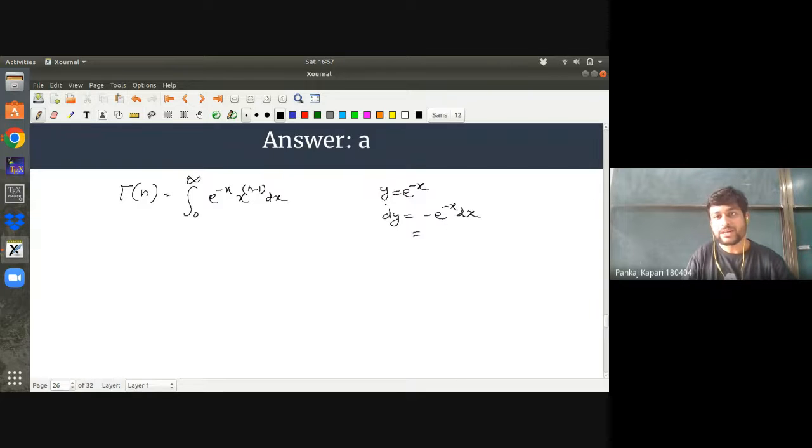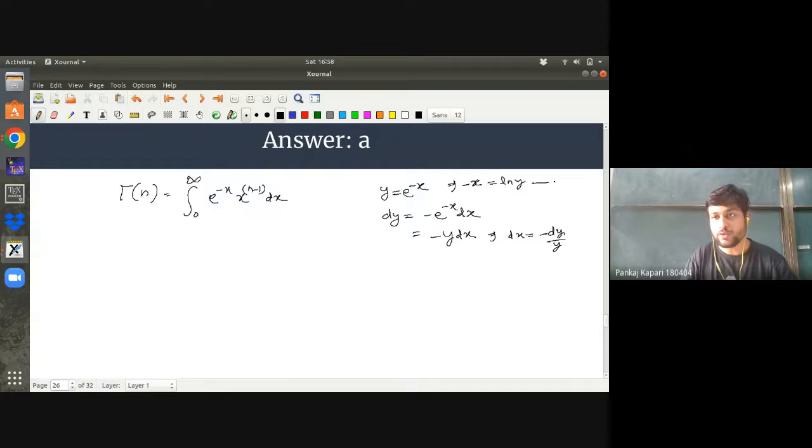Now e to the power minus x is just y, so dy equals minus y dx. From here, minus x is equal to log y, and dx is equal to dy by minus y.